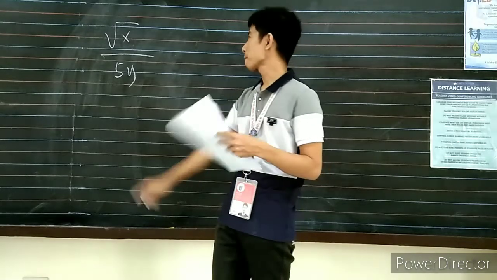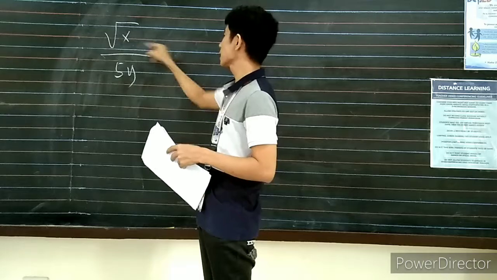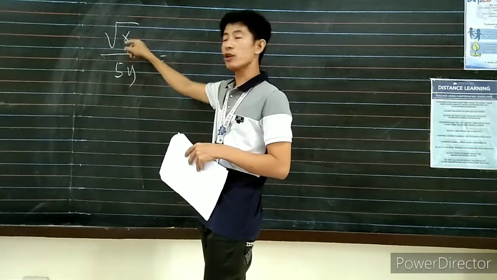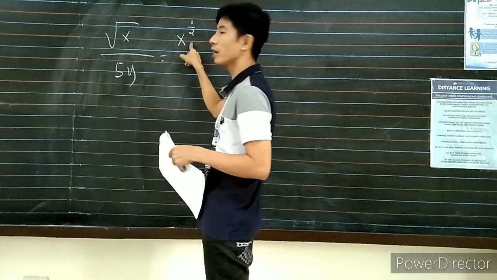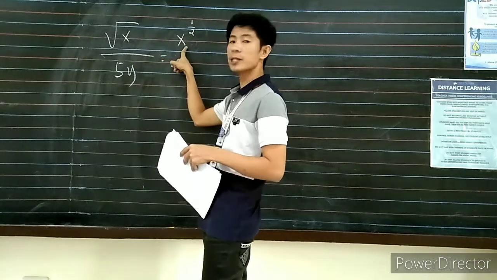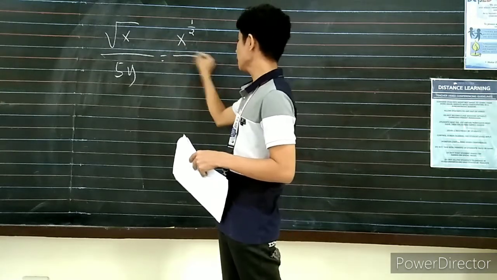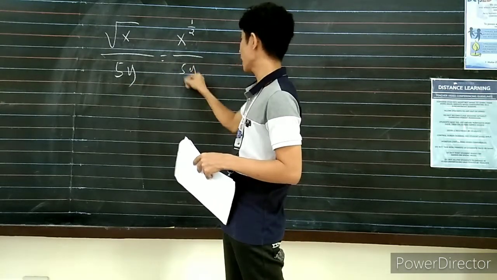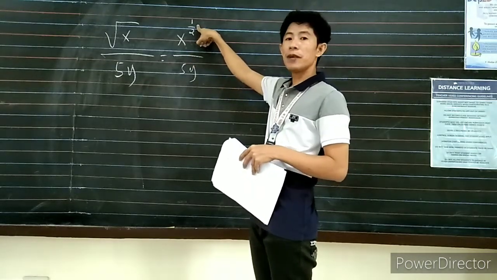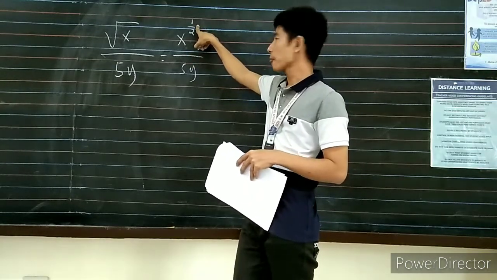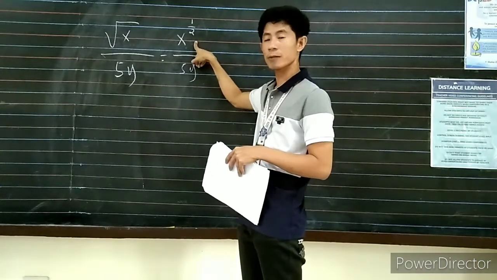There is a fraction exponent because the square root of x is also equal to x raised to the exponent 1/2. These two expressions are of equal value, and this is 5y. Therefore, the numerator has a fraction exponent, so this is not an algebraic expression.